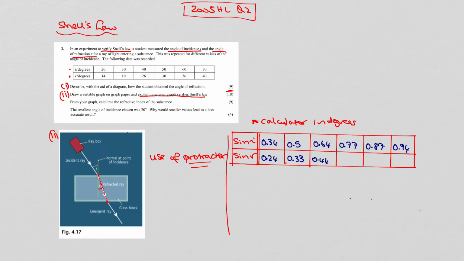We have sin 30 is a half. We have sin 36 is 0.59. And then we have sin 40 is 0.64. We would have had 3 marks for getting our values for sin i and sin r.